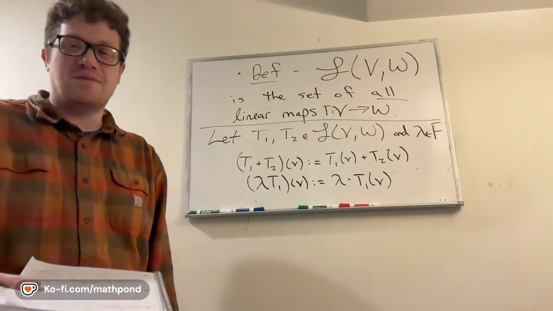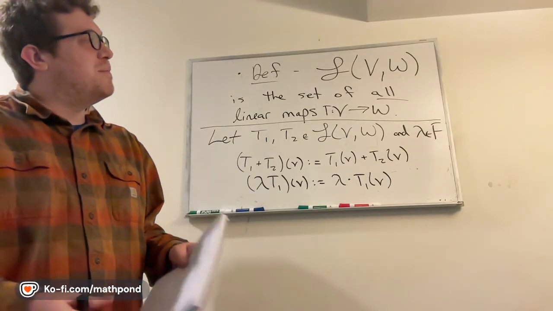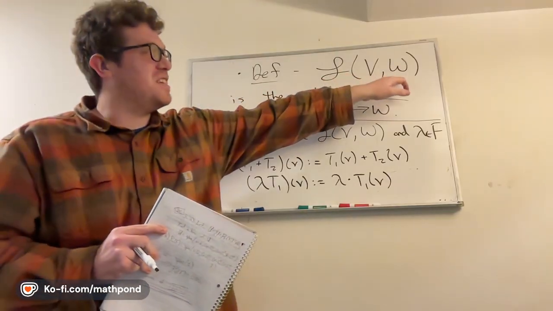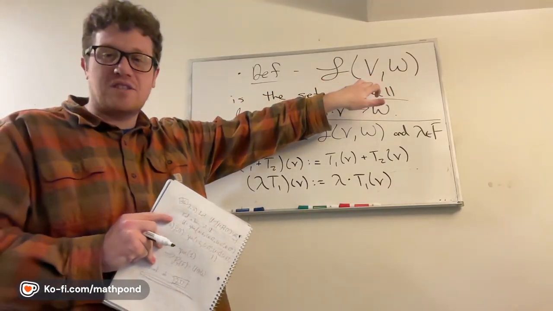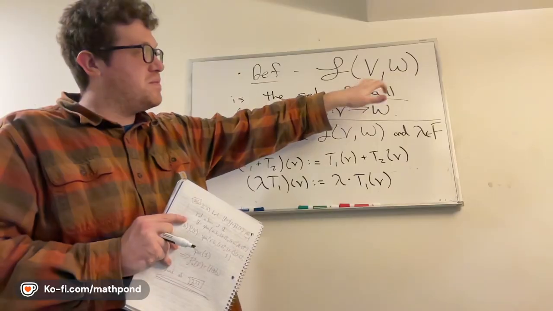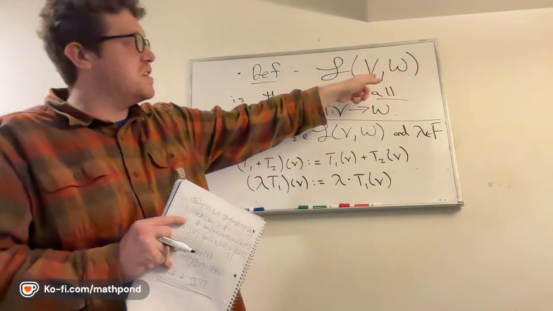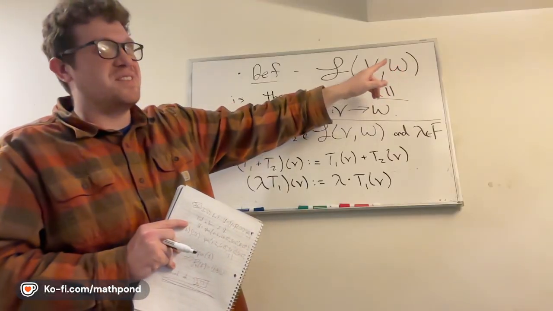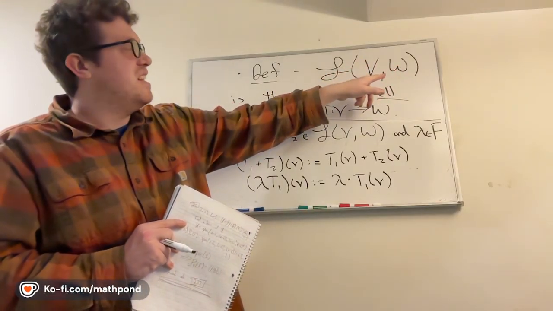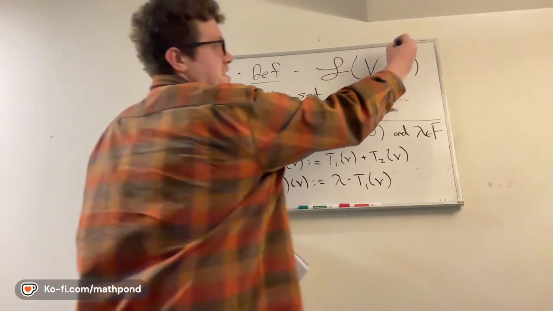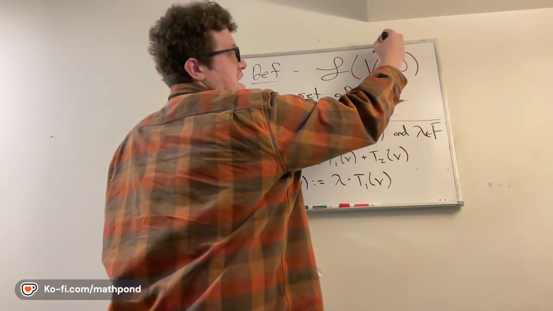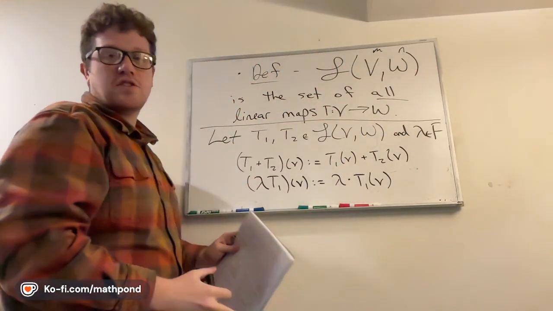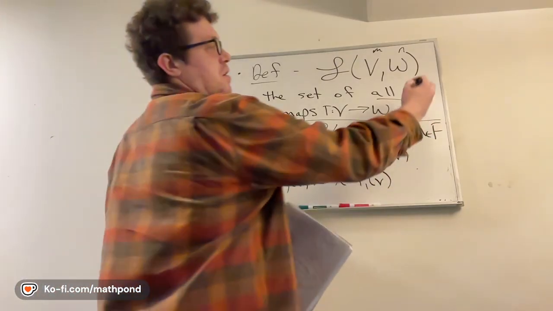Maybe I'm making it too difficult here, but the point I'm trying to make is that linear maps can be associated with matrices, and they have some n by m size. I think I always do this backwards. If this is n dimensional and this is m dimensional, we'll talk about later how you can associate a matrix to each linear map, and it'll be an n by m matrix.